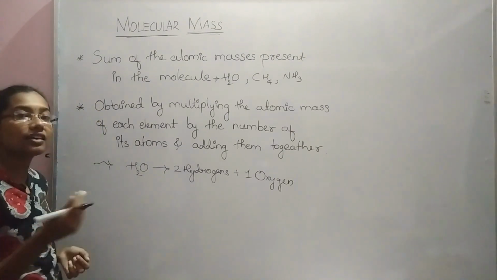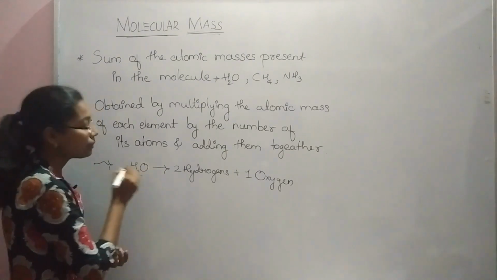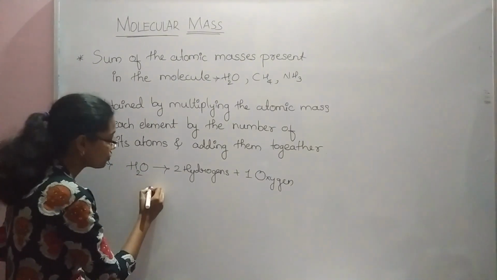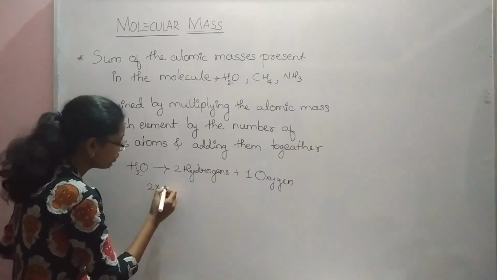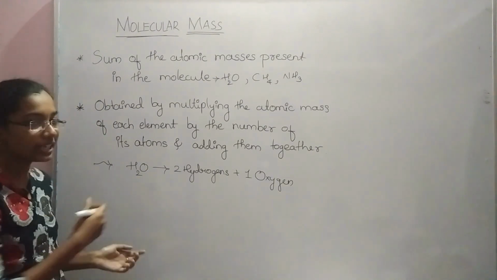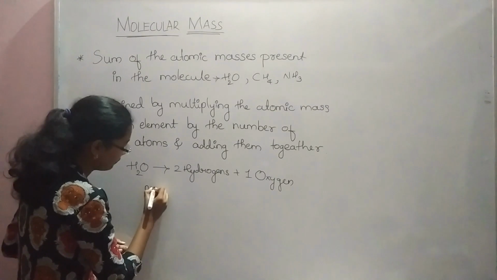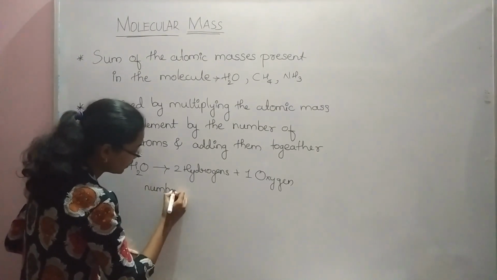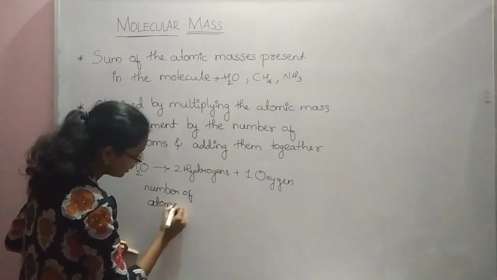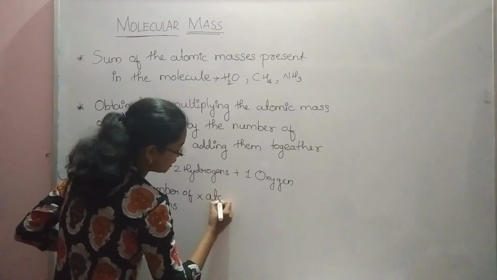Okay, we'll calculate this. We know that the atomic mass of hydrogen is 1, and the number of atoms of hydrogen in the water molecule is 2. So 2 into, here I will write the general formula for how we calculate: number of atoms into atomic mass.